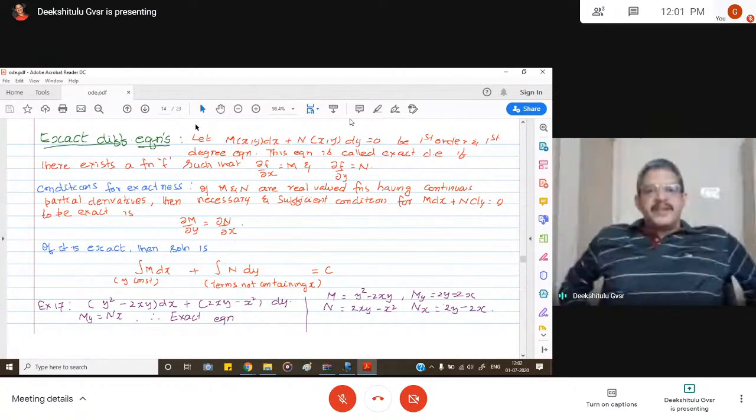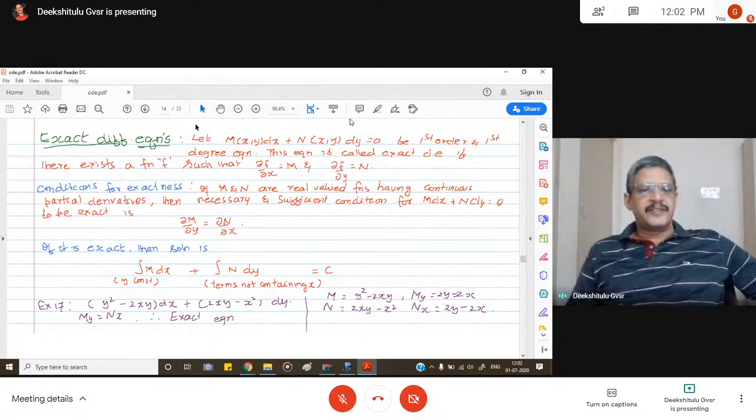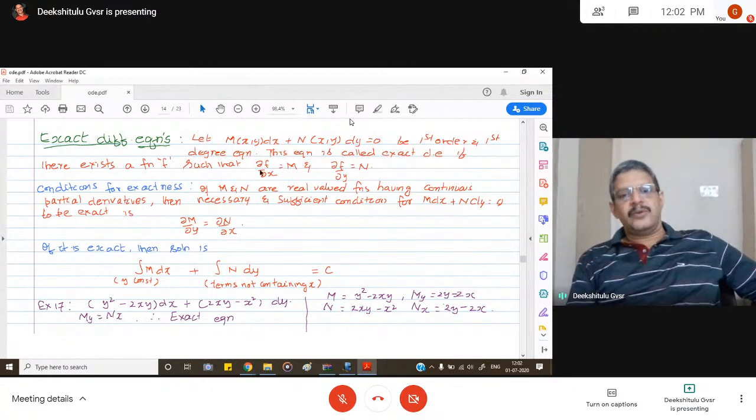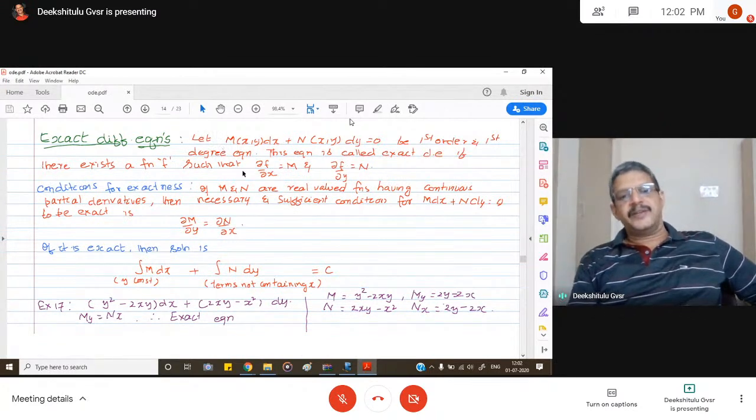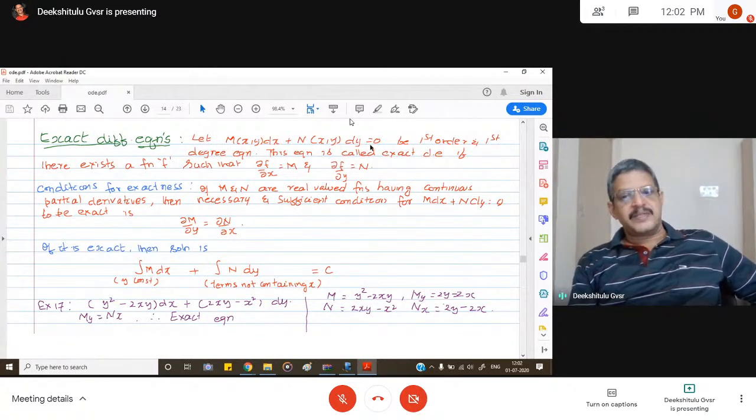And this equation is called exact if we can find a function f such that ∂M/∂x is equal to ∂M/∂y. This is an important condition. And once again, in theoretical problems, the standard bits can be asked like this.